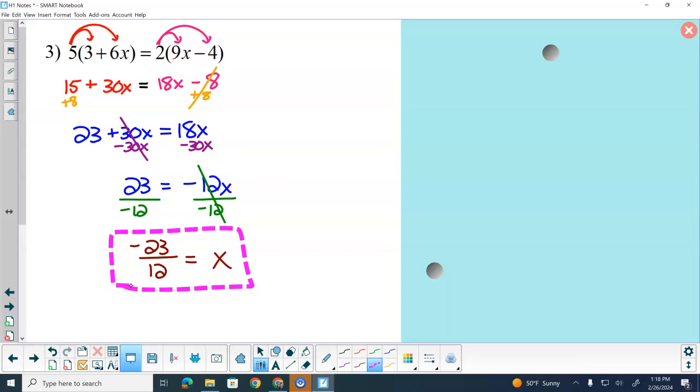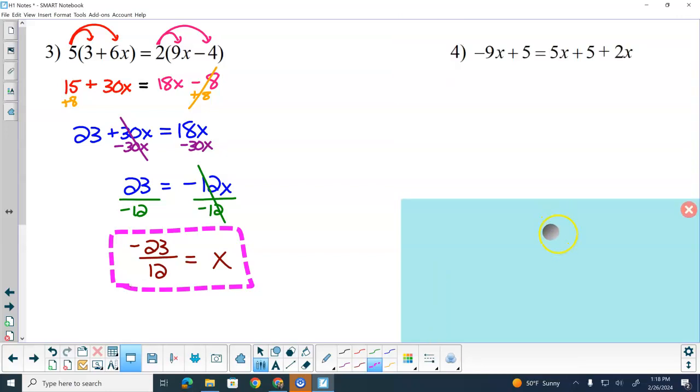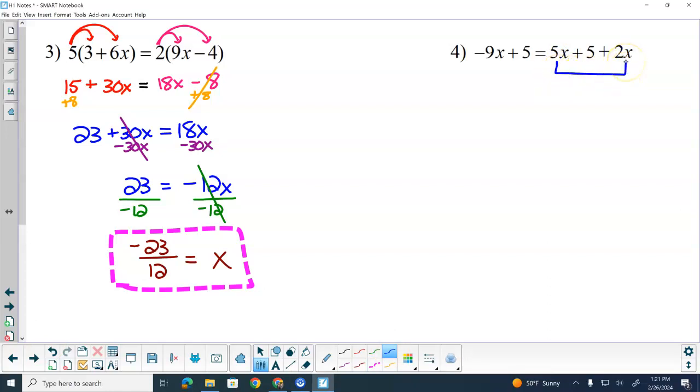Well, I think we could do number 4. Do we need anyone to come to the board for this one? No fractions? We didn't even give you one where you got to clear a fraction? That's neat. Now we can just plus this.